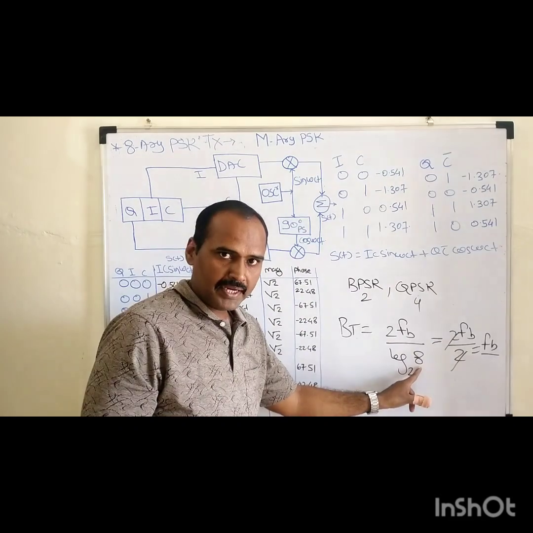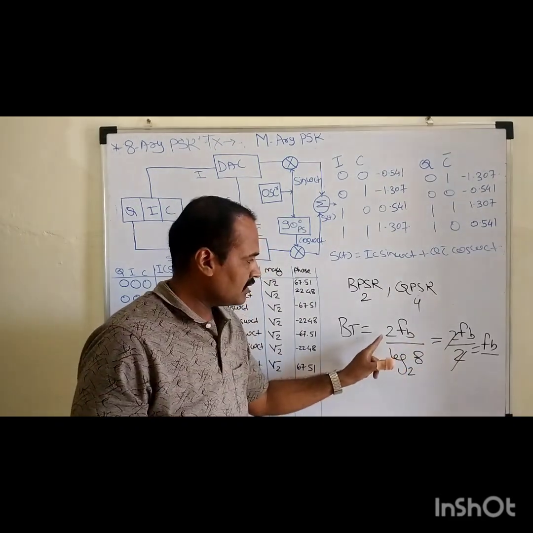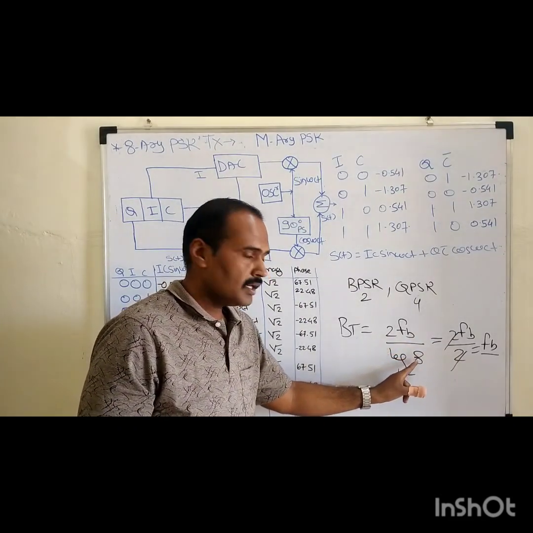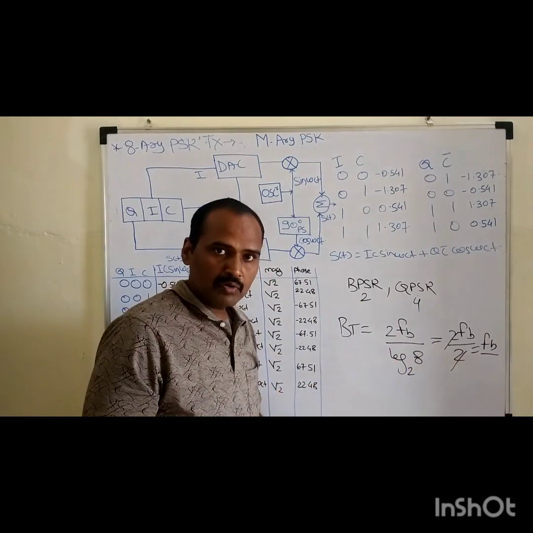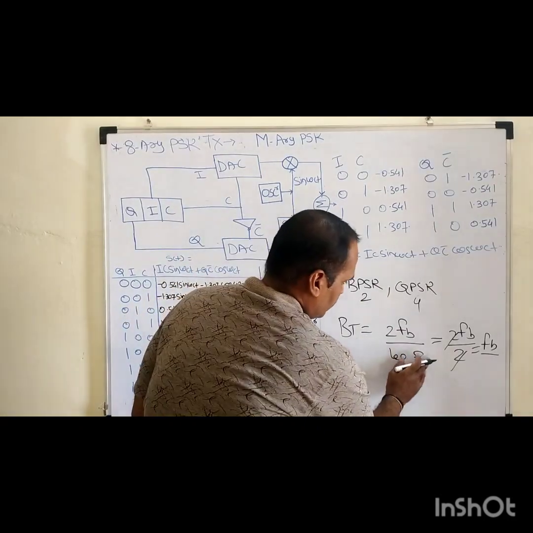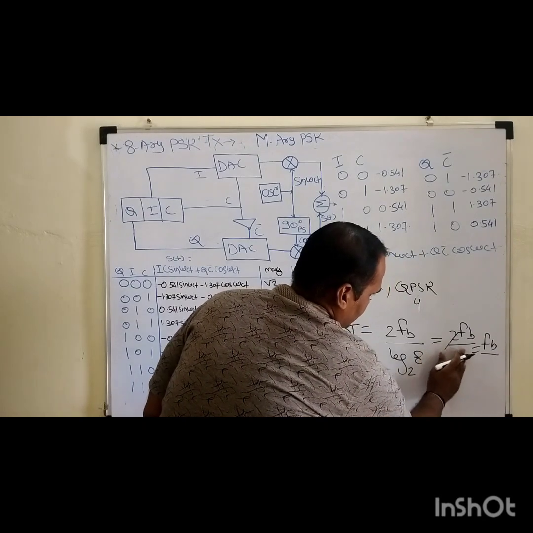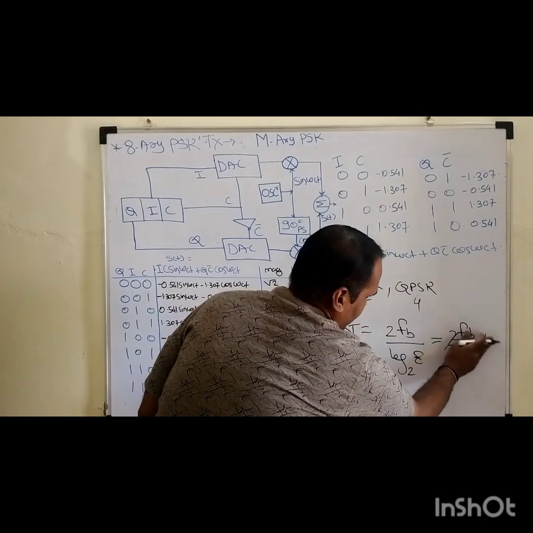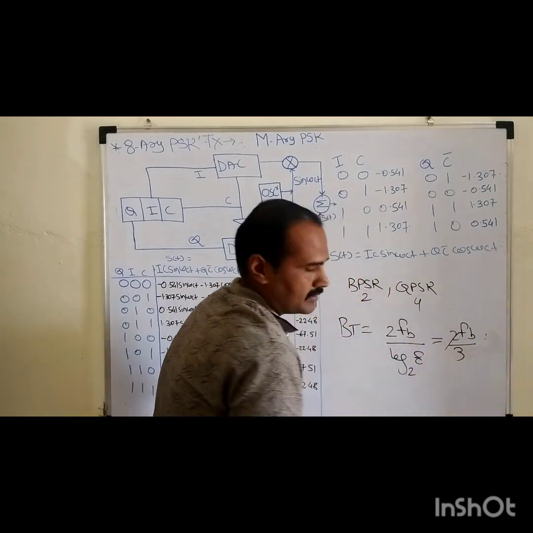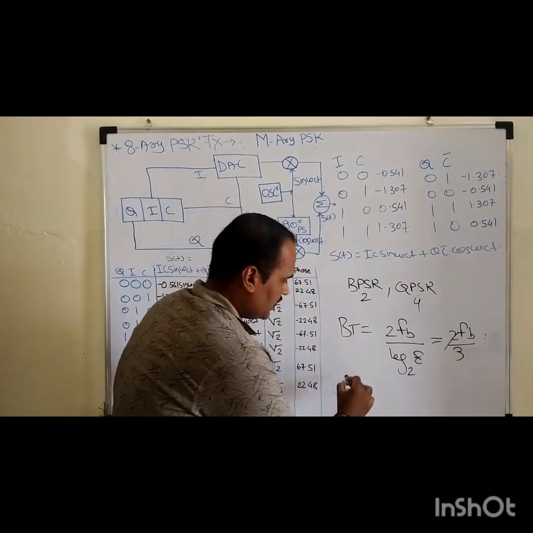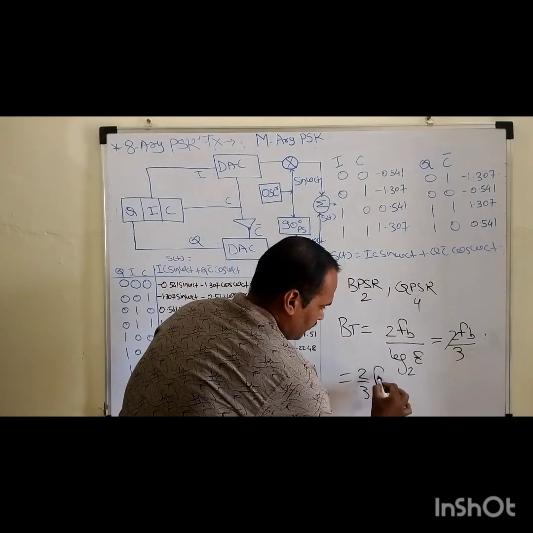When M equals 8, the expression becomes 2 FB upon log 8 to the base 2, and log 8 to the base 2 equals 3. So this expression becomes 2 by 3 times FB.